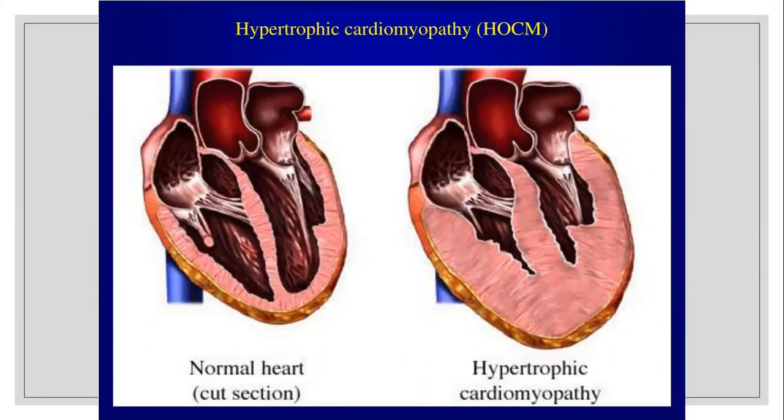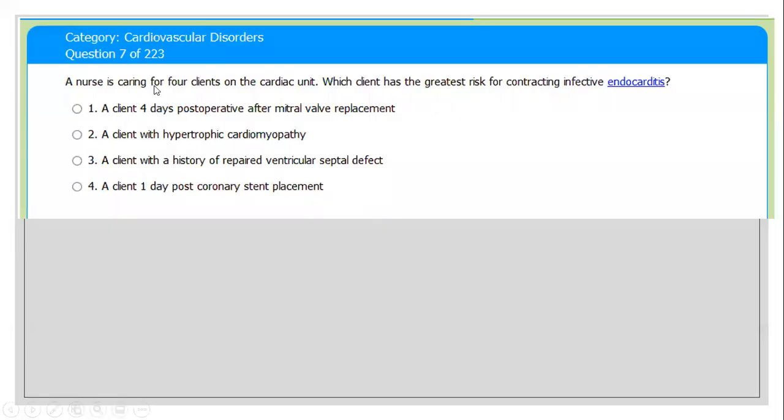Next question here. A nurse is caring for 4 clients on the cardiac unit. Which client has the greatest risk for contracting infective endocarditis? Number 1, a client 4 days post-operative after mitral valve replacement.